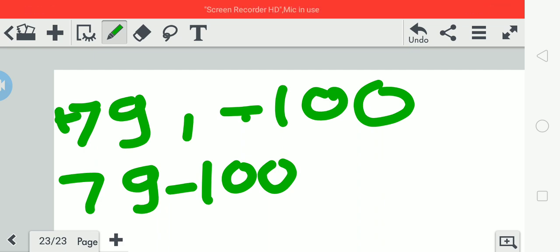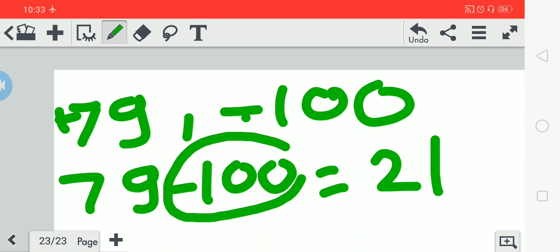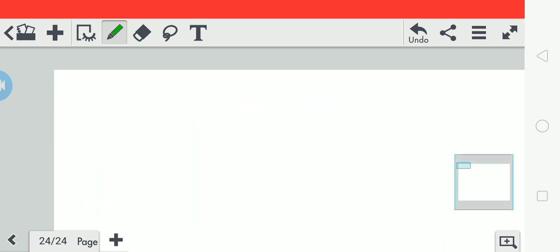So in rule number 3 we do subtraction. So 100 minus 79, that is 21, and the greater number is 100 here, its sign is minus, so assign the minus sign here. I hope you get rule number 3 correctly.